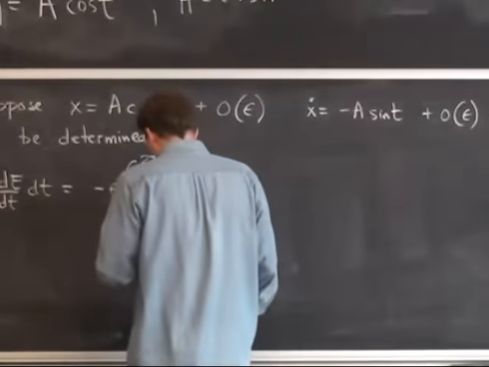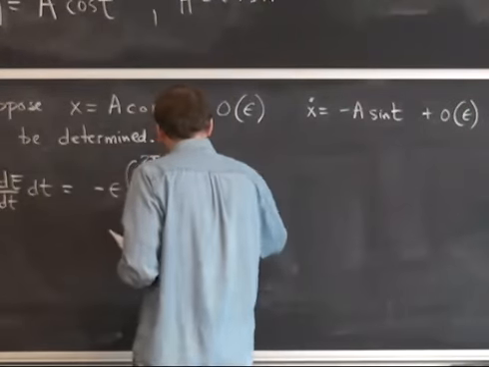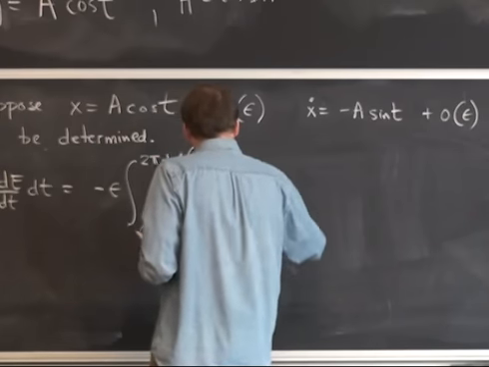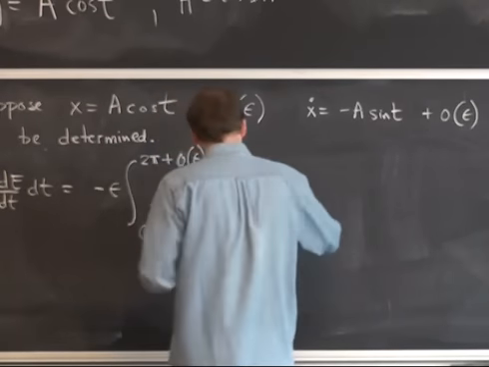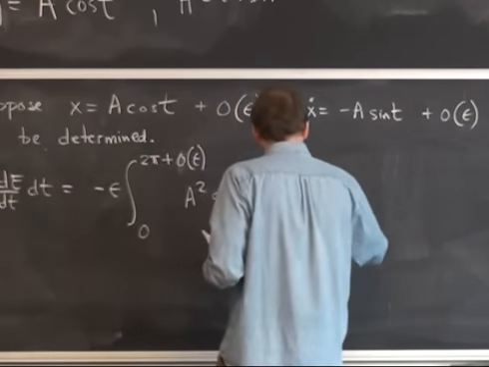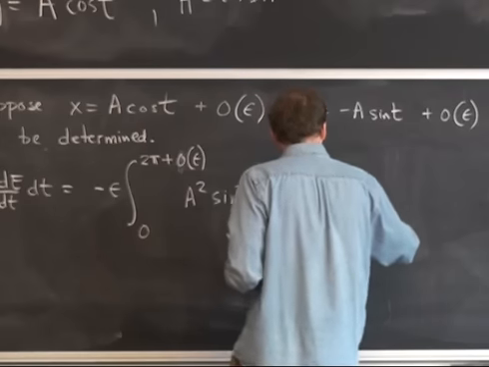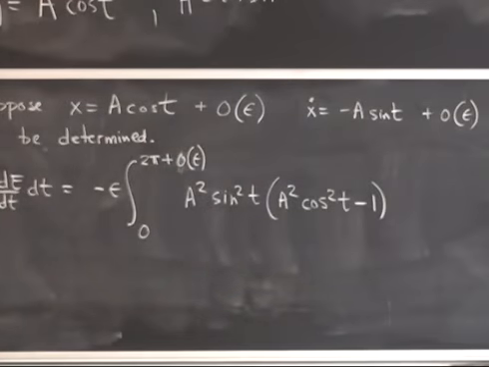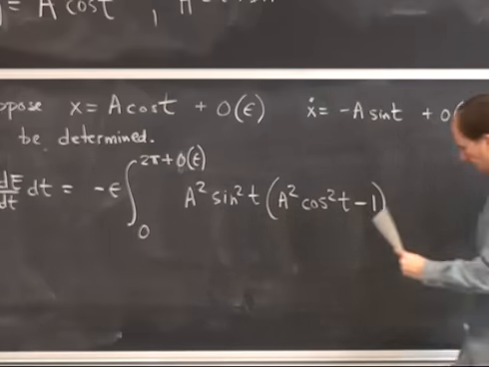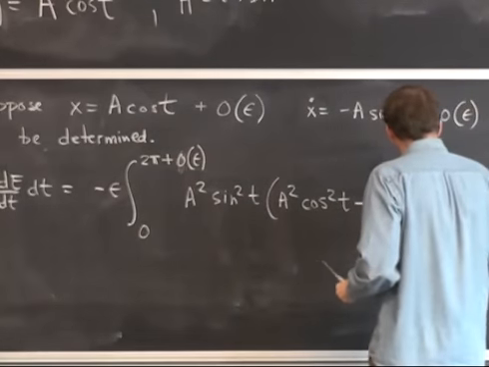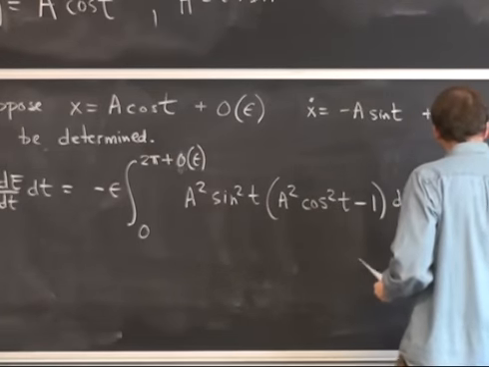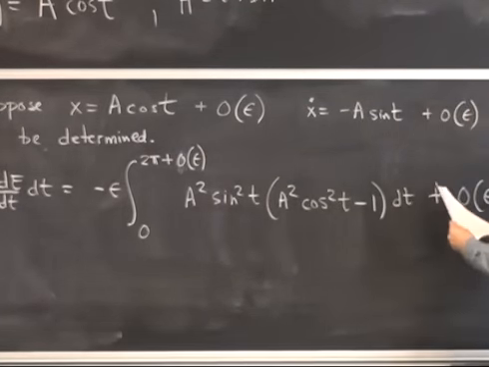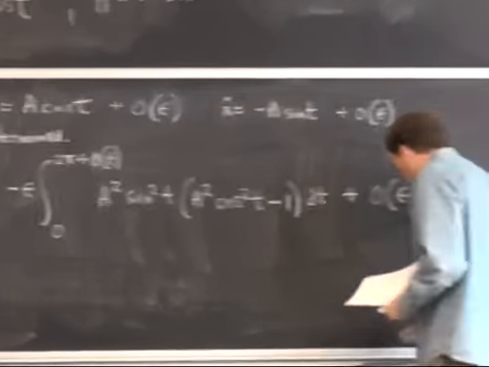So squaring that, we get A squared sine squared t times (A squared cosine squared t minus 1). That's from the x squared minus 1 in the damping. And then dt plus terms of order epsilon, which include, actually, let's be a little more careful here.